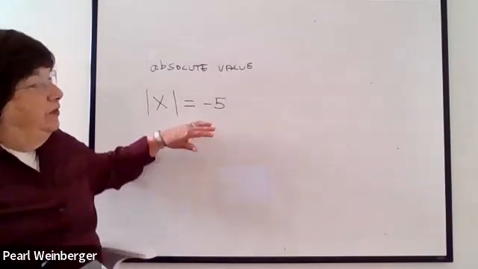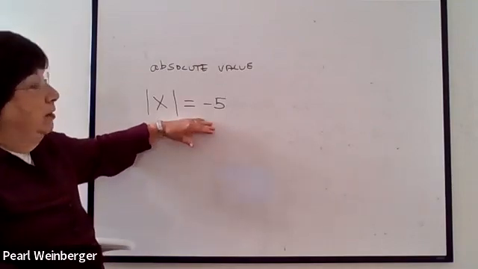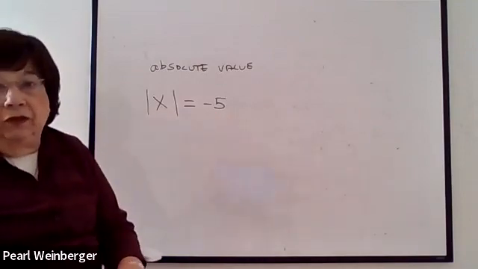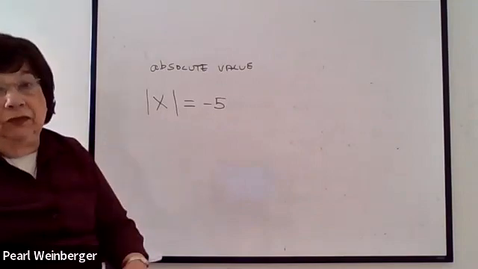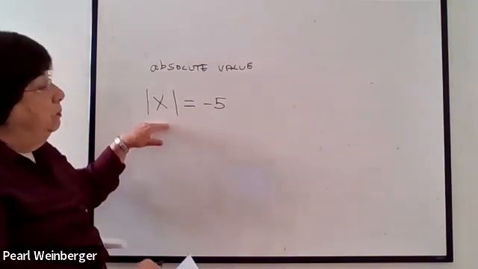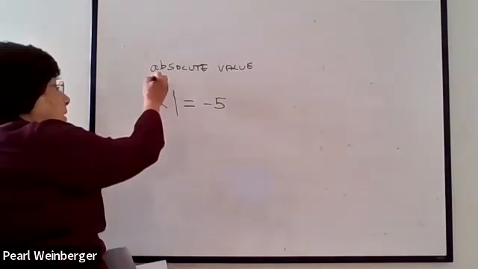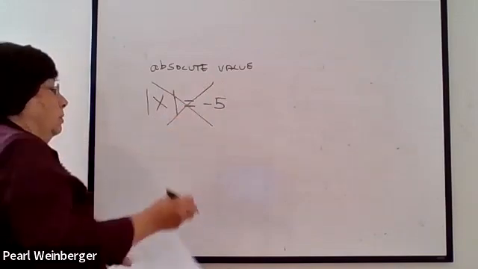Because I just put a false statement on the board. The absolute value always has to be positive. Remember, when I take the absolute value of a number, I'm dropping its sign. It's impossible for an absolute value to be equal to a negative number.